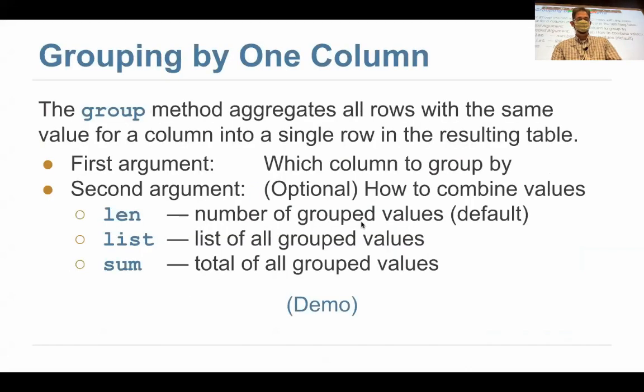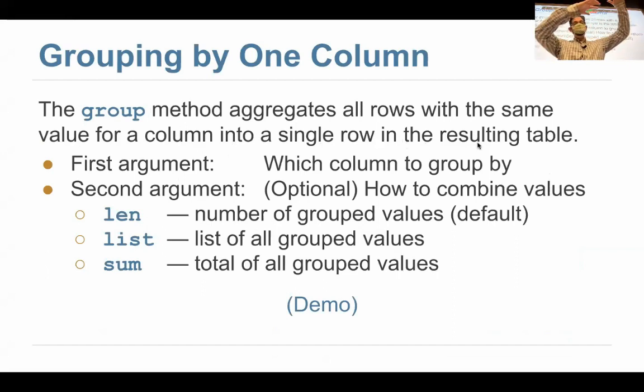You saw this a little bit, I think, when we built bar charts that showed you the distribution of categorical variables. But now we're gonna learn more about group. Group aggregates all rows in a table with the same value for a particular column into one row.